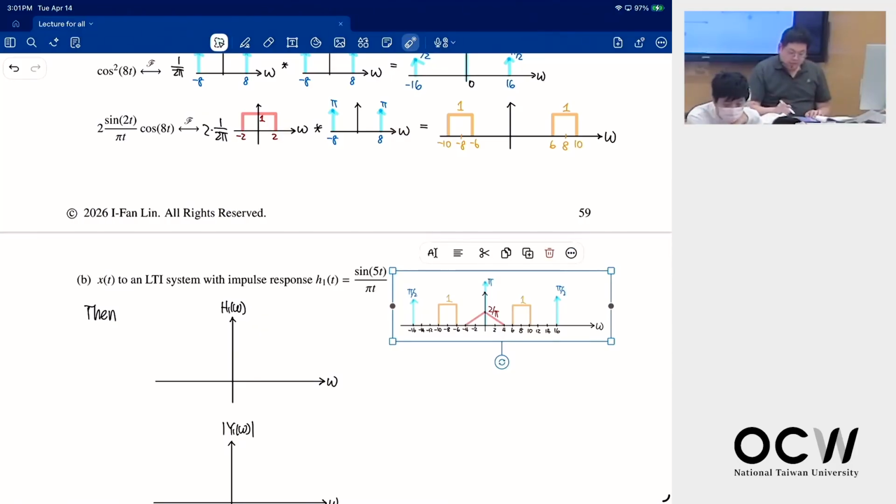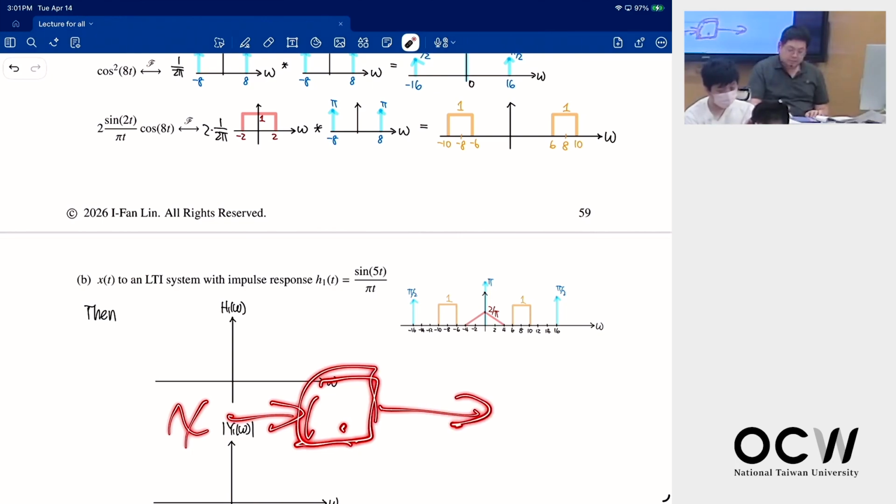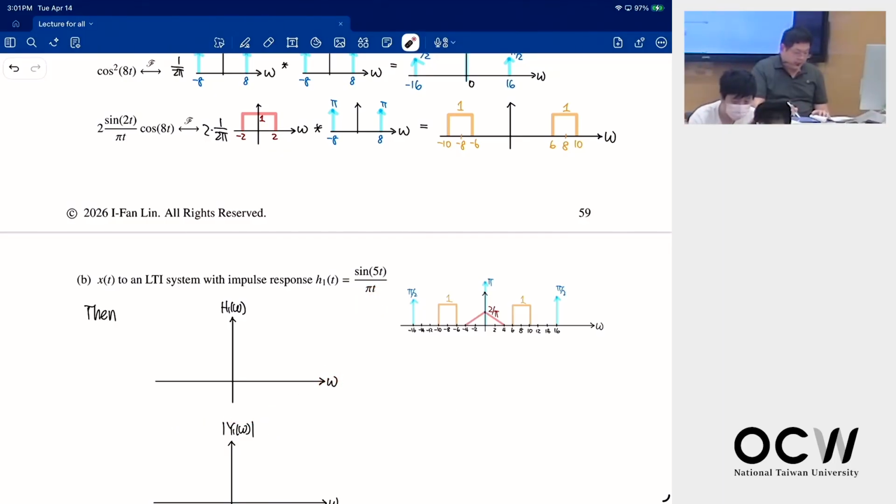All right, so now I send the X to the LTI system, and this LTI system is a sinc function. Since it is a sinc function, let's plot the amplitude in the frequency domain. The sinc function in the frequency domain will be a rectangular pulse.